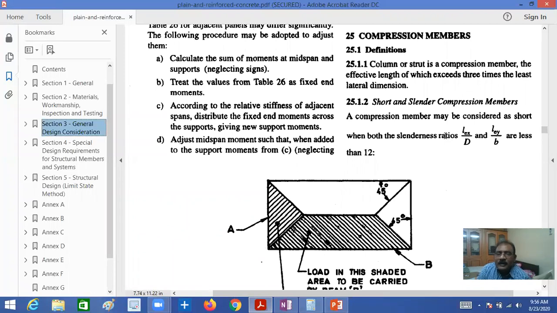Then only we will call it a short column. Otherwise, it is a long or slender column.